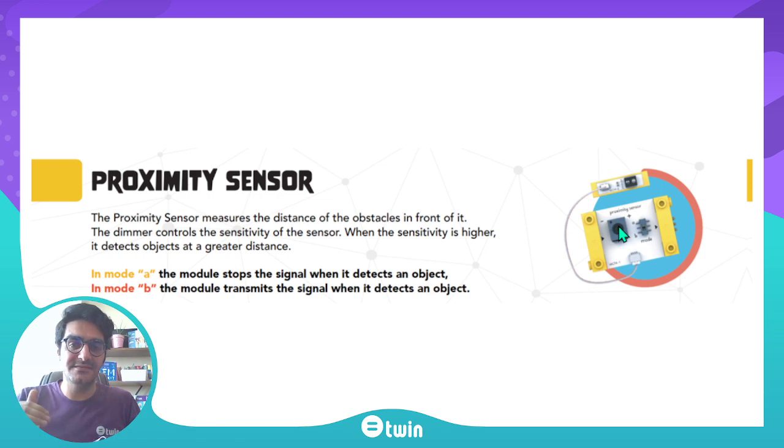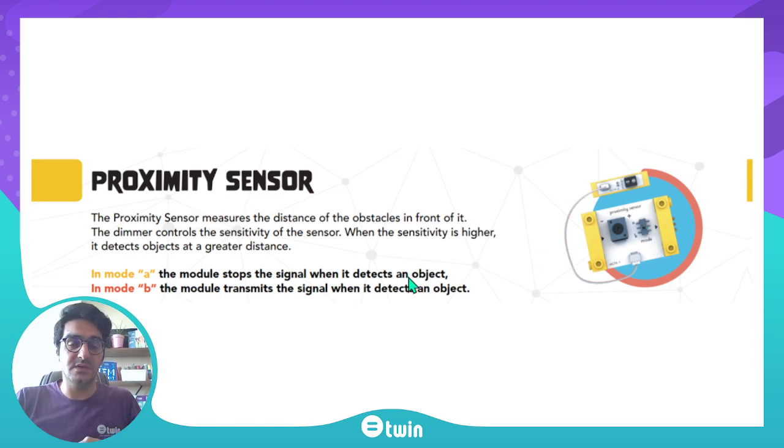When the sensitivity is higher, meaning that when you turn the dimmer clockwise and increase the sensitivity, the sensor detects objects at a greater distance. I will show this by trying it.